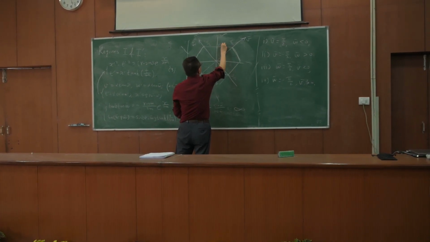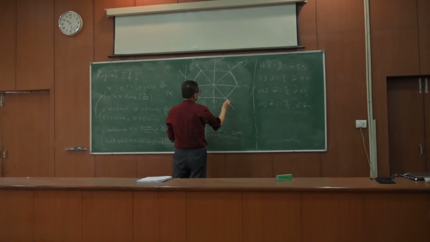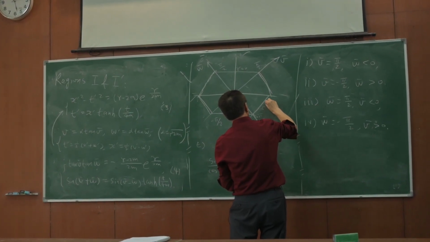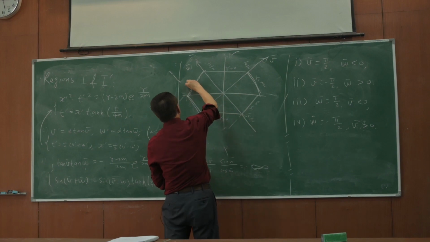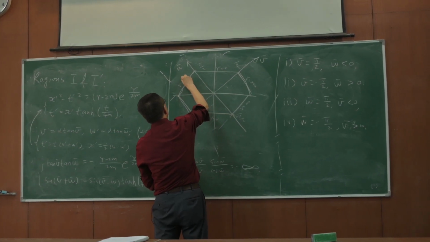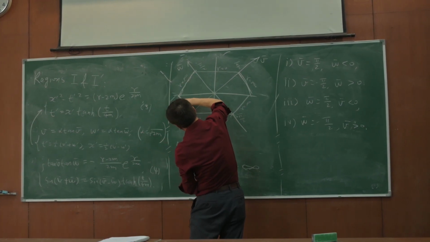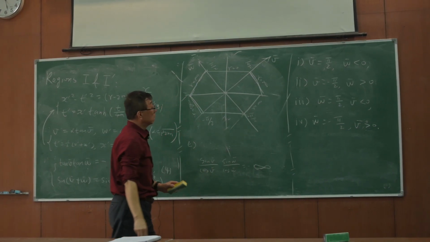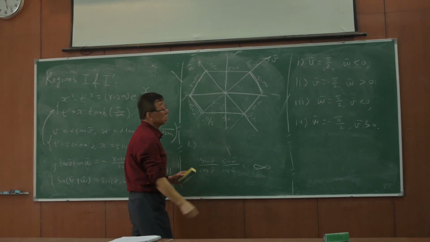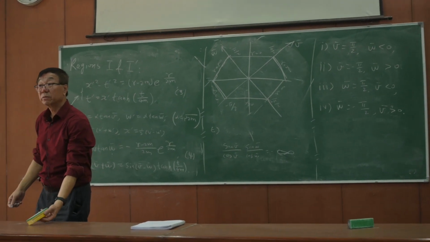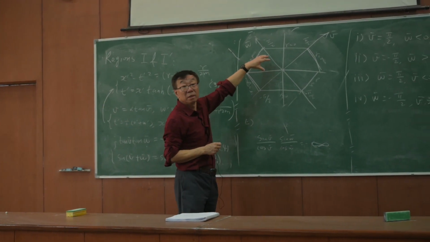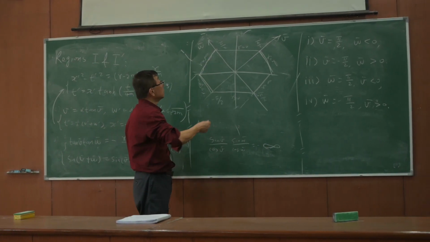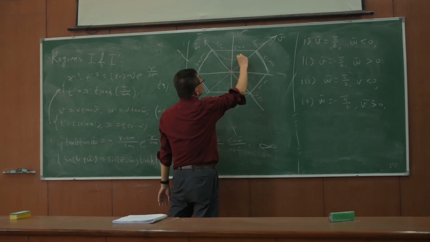This is r equals 0. This is r equals infinity. This is r equals 0. You see now, this restricts my space-time into this part. Okay? We already did this, I will not draw it.